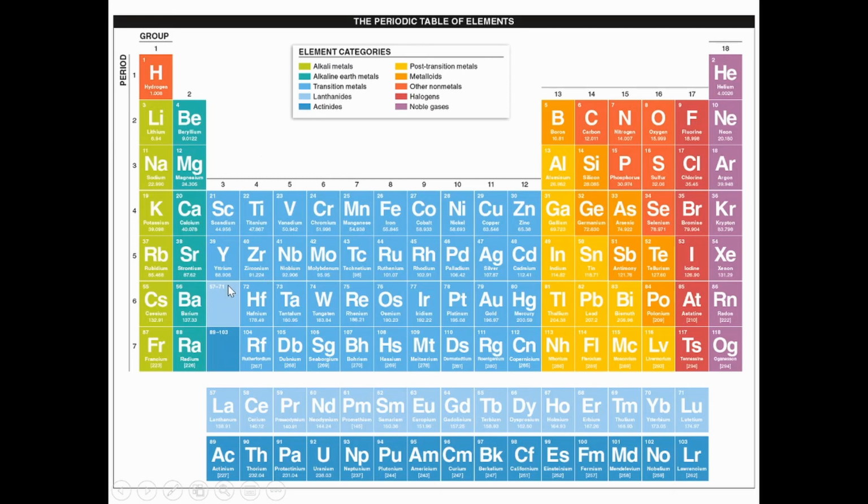We have transition metals, and then down here, coming from this location, we have the lanthanides and the actinides, post-transition metals, metalloids, other nonmetals, halogens, and then the noble gases. So all of these color-coded areas have things in common. There's some similarities between the elements of the same color.